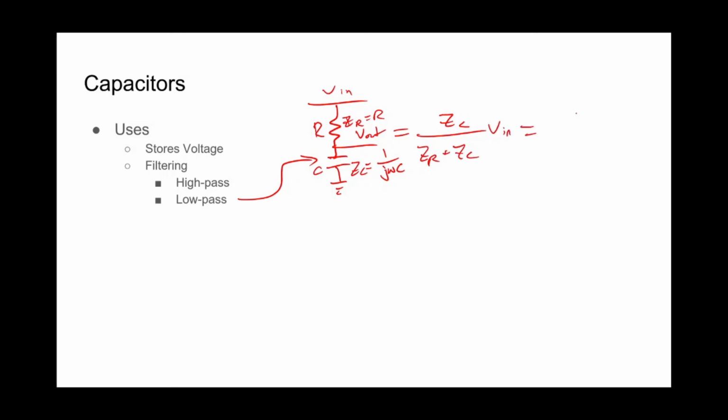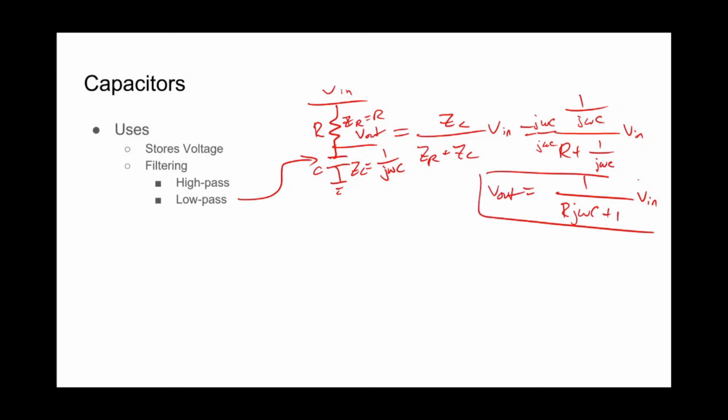Let's fill those in. We get 1 over j omega C over (R plus 1 over j omega C) times V in. Now we multiply the top and bottom by j omega C, and we're left with 1 over R times j omega C plus 1, times V in. That's V out. There's our equation for a low-pass filter.